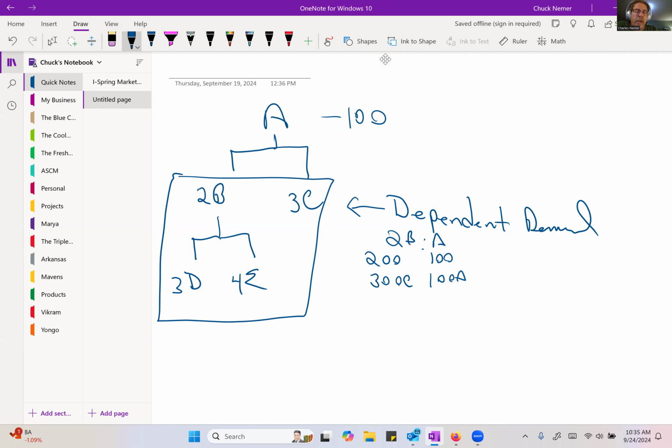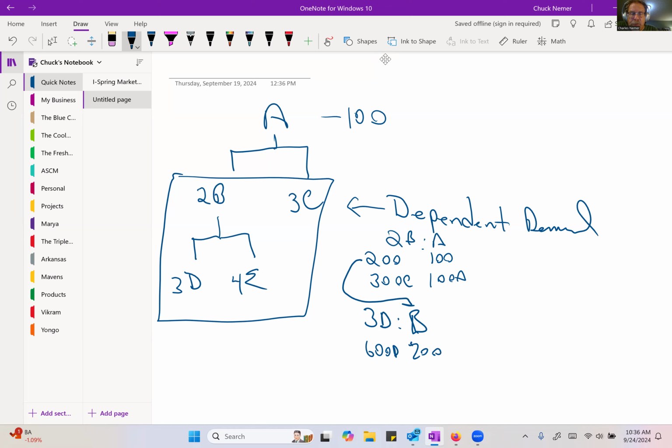We go down to the D's and E's, they too are dependent on the demand for something above them in the bill of materials, in this case, B. So it's always quantity per one parent. So if it's three D's for every B, and I want, what did I say up above here? 200 B's, then I'm going to need 600 D's.